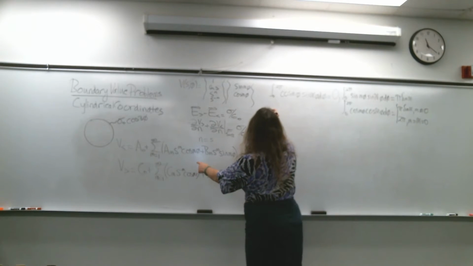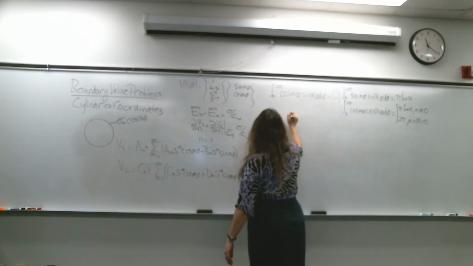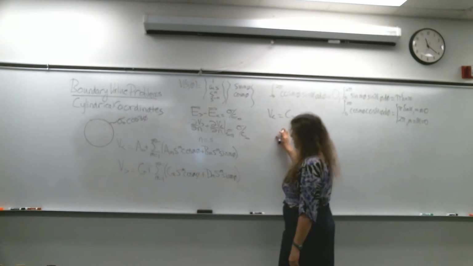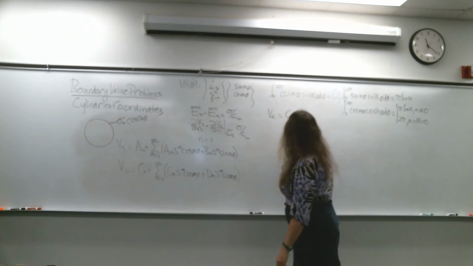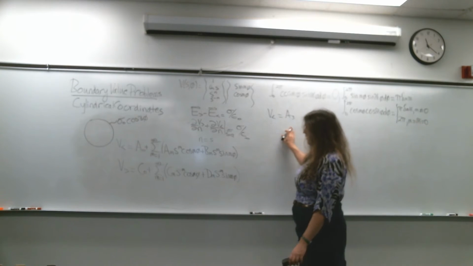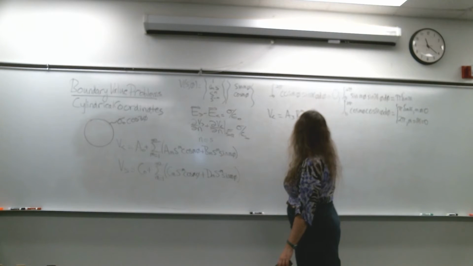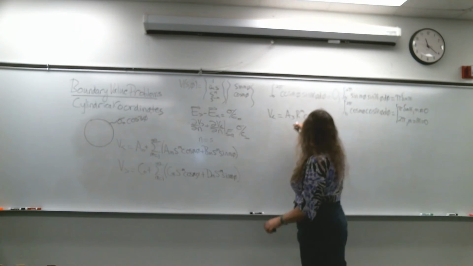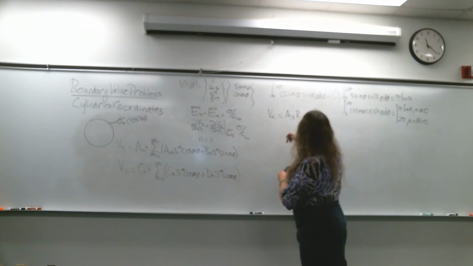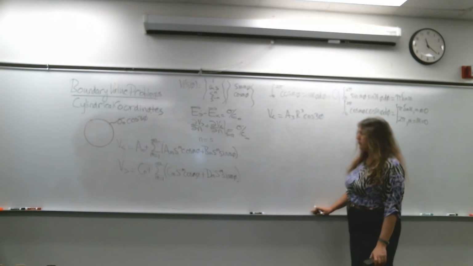So inside, rather, our solution is going to be of the form A3 r cubed times cosine 3 phi.